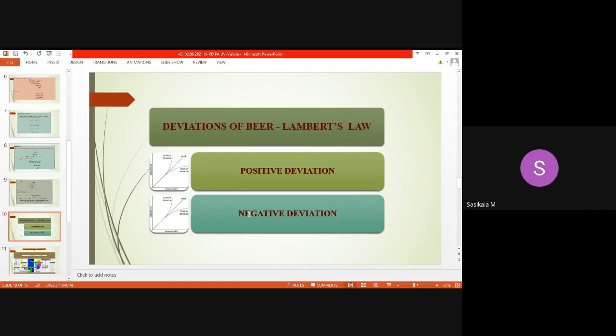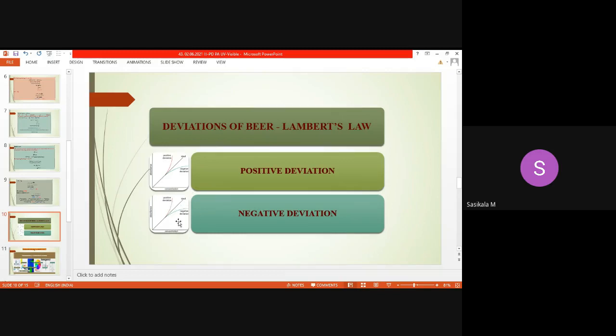Even when you prepare them that way, it may not meet the linearity. Absorbance may increase suddenly. Concentration will not always be directly proportional to absorbance. Sometimes even when concentration increases, absorbance increases only slightly, or absorbance decreases. In that case you will find positive or negative deviation.